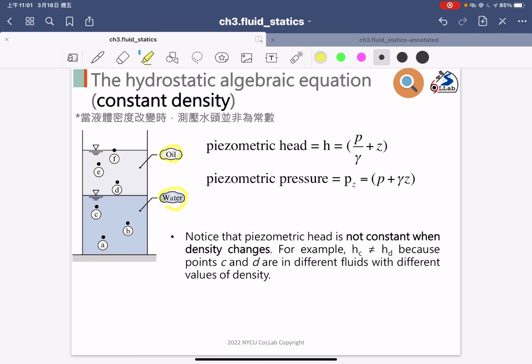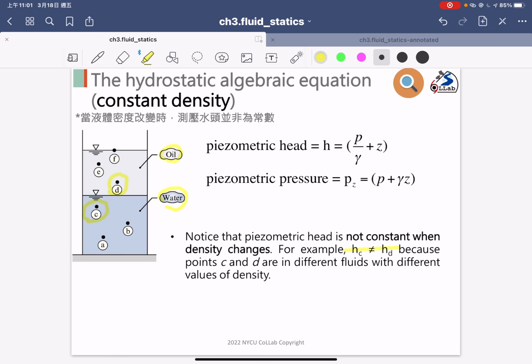You see the statement here: HC is not equal to HD. H is the piezometric head. Why are they not equal? Because HC is here and HD is here; they are located in different fluids, and different liquids have different densities, so they are not the same.